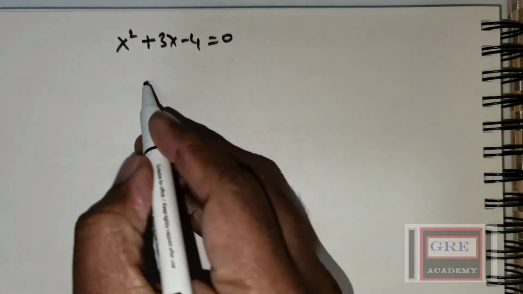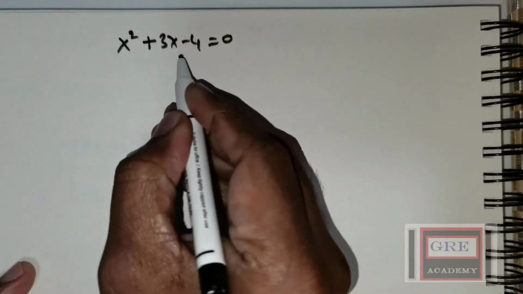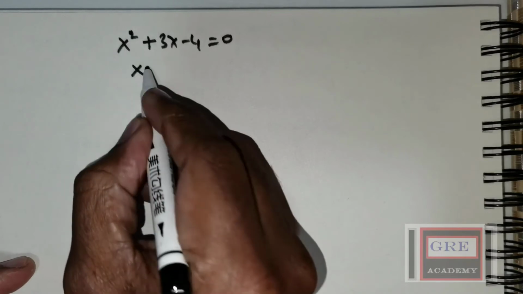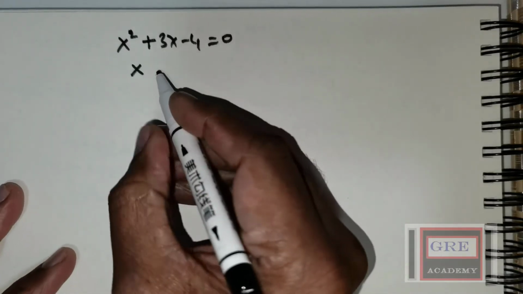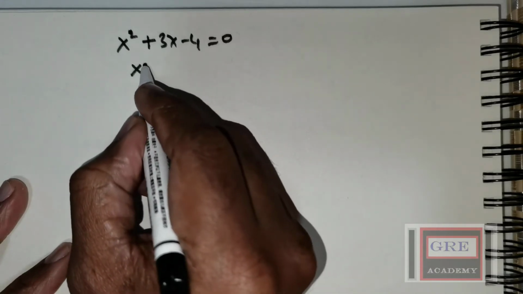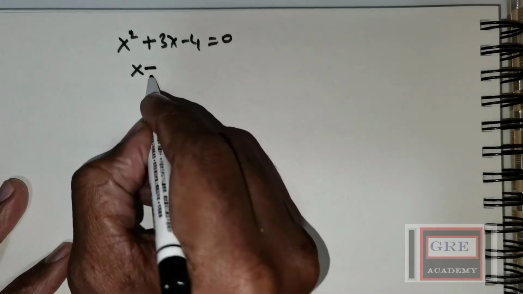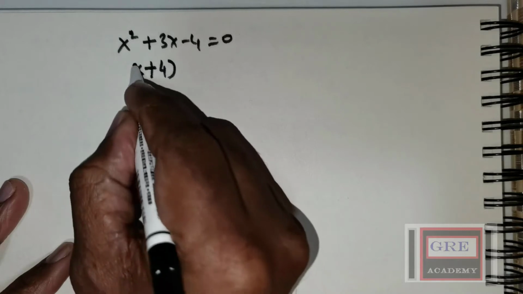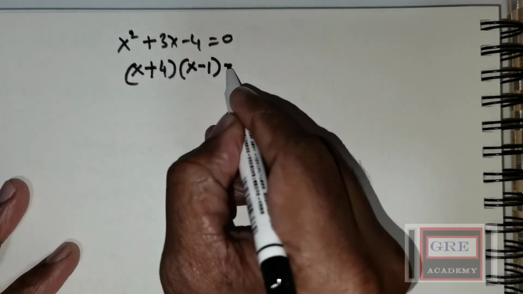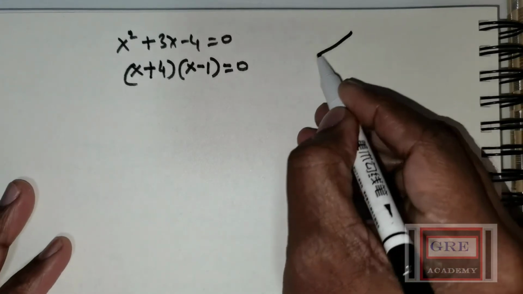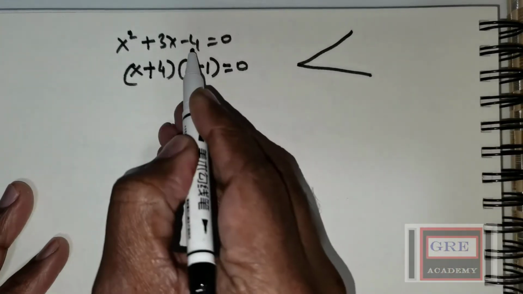Student, this question can be easily factorized by the following way. I can rewrite this x squared positive 3x negative 4 as x positive 4 times x negative 1 is equal to 0. Now the best way to do that, draw a line like this.